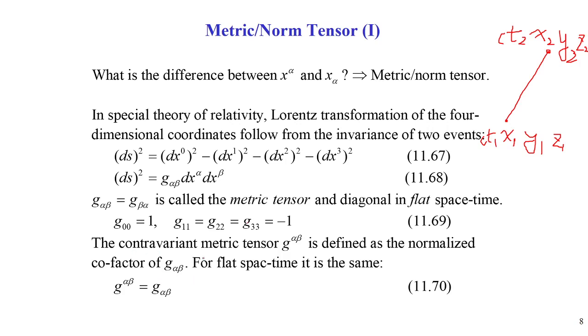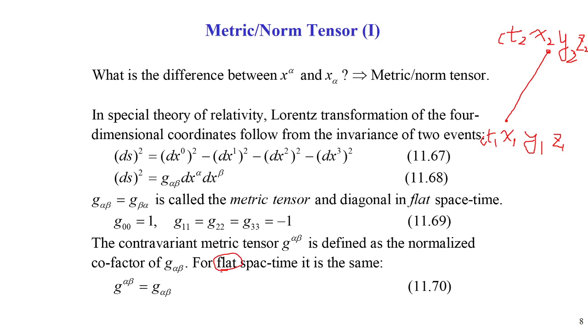So the covariant metric tensor G alpha beta is defined as the normalized cofactor of G. For flat space, it is the same: G alpha beta equals G alpha beta, for flat spacetime.